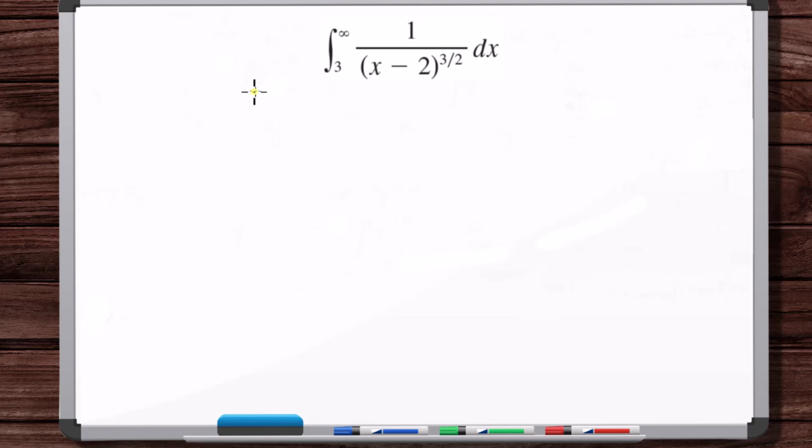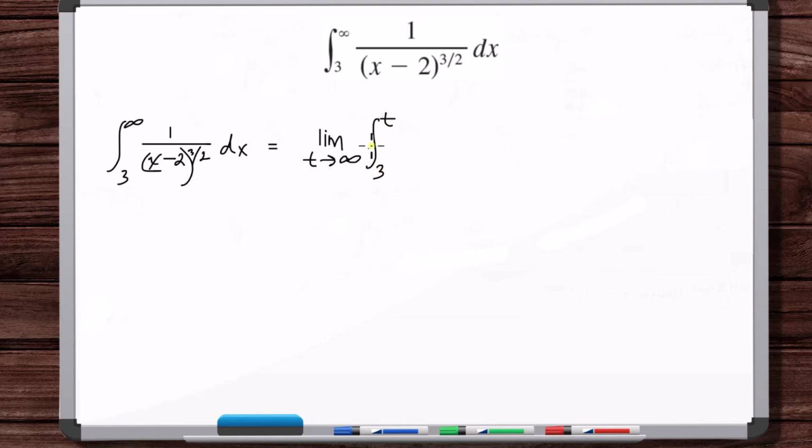Now, the way that we solve this is we interpret it this way. This is equal to the limit as t approaches infinity of a definite integral from 3 to t.